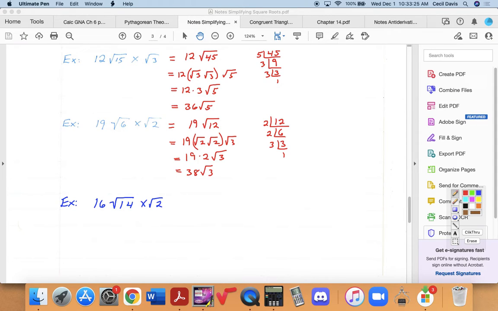Wow, that's hard to read upside down. So 7 is divisible by 7. 7 is a prime number.